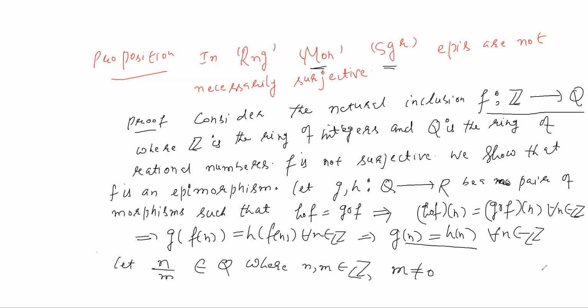Then see H of n by m. You can write it as H of n times 1 by m. Now H is a morphism, so you can write it H of n, H of 1 by m. Now H of 1 is 1.